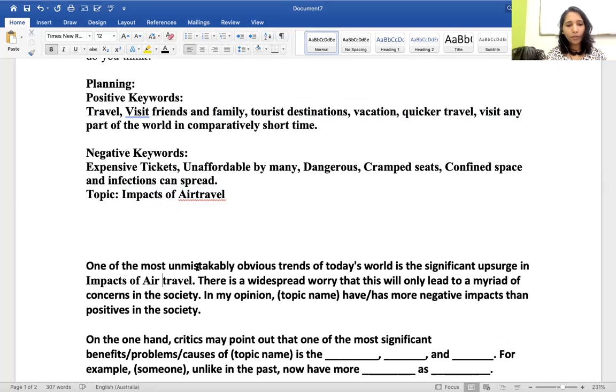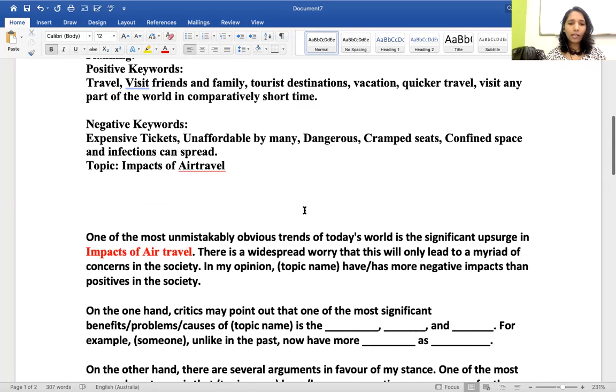There is a widespread worry, so I'll just put it in red so that you know when I put this in. Okay. There is a widespread worry. This will only lead to a myriad of concerns in the society, in my opinion. You put your topic name again. So I'll just copy this topic name so that in your exam, you can always copy your topic name because you'll have to keep using it over and over.